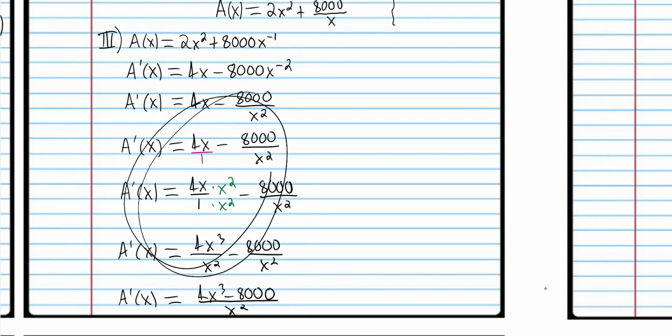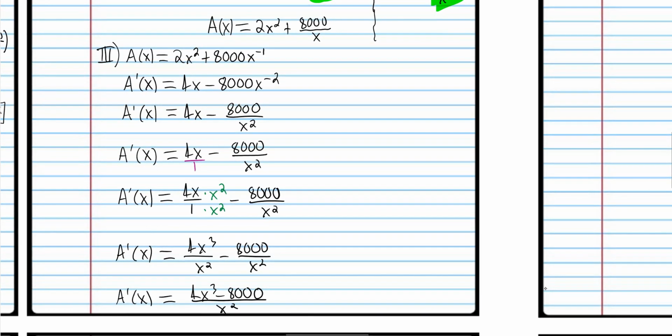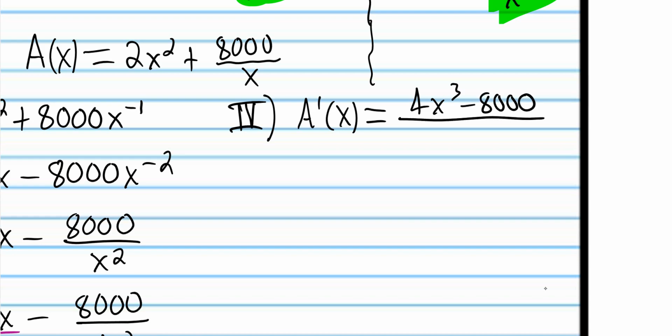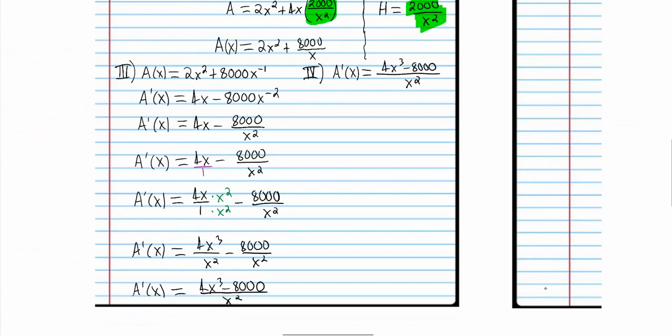I'm not going to do all this work again because it just takes too much time. Again, you should know how to do that at this point in your math education, how to get a common denominator and combine terms. So now what I'm going to do is rewrite that expression up here for step number 4.